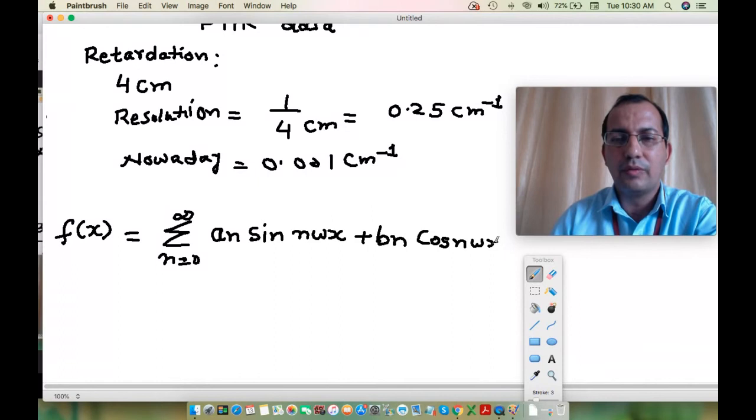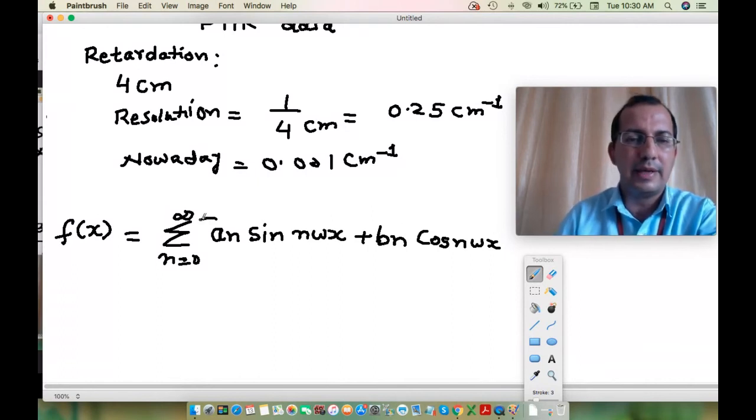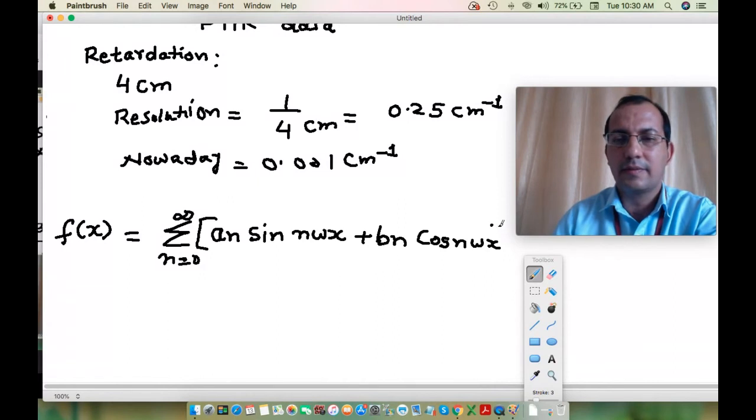Okay, we are writing about the Fourier series expression, and let me put that in parentheses in this case.